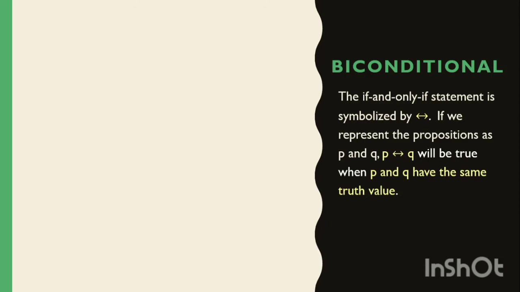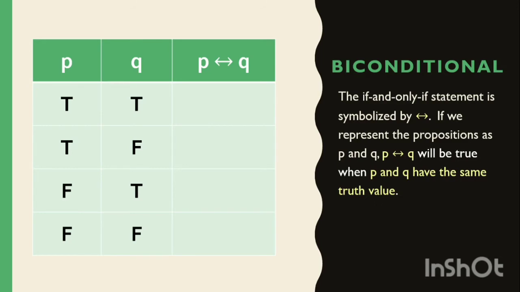So to illustrate this better, let's look at this table. Again, these are all the possible combinations of the truth values of P and Q. P is true and Q is true: P if and only if Q will be true because they have the same truth value. Next, when P is true and Q is false, P if and only if Q will be false because they don't have the same truth value.